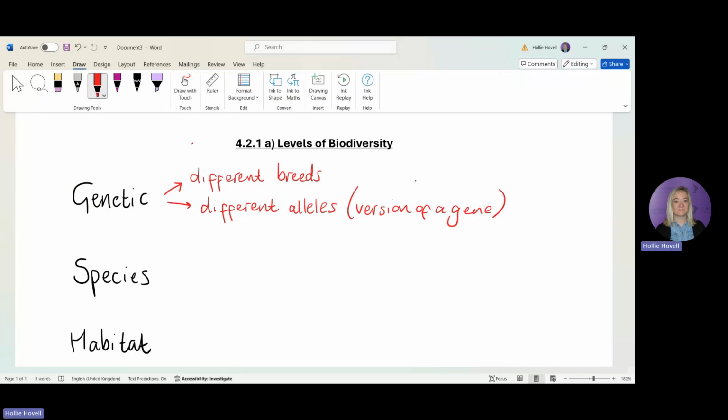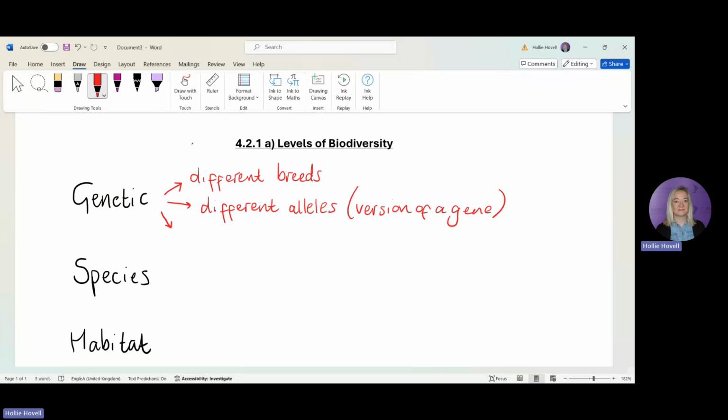Because we've got this variation within a species, it makes a species with high genetic biodiversity really good at adapting to changing environments. So if over time an environment changes, for example, the climate changes or the conditions change or a new disease comes along, a species is more likely to survive because it can adapt to change if it has a high genetic biodiversity.